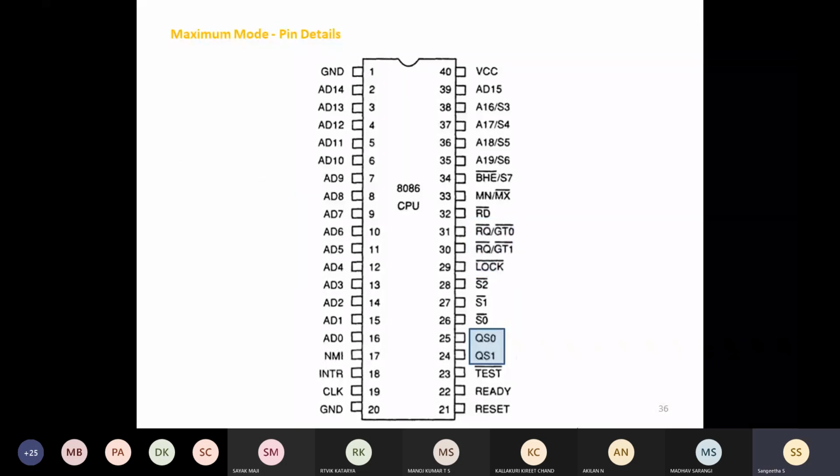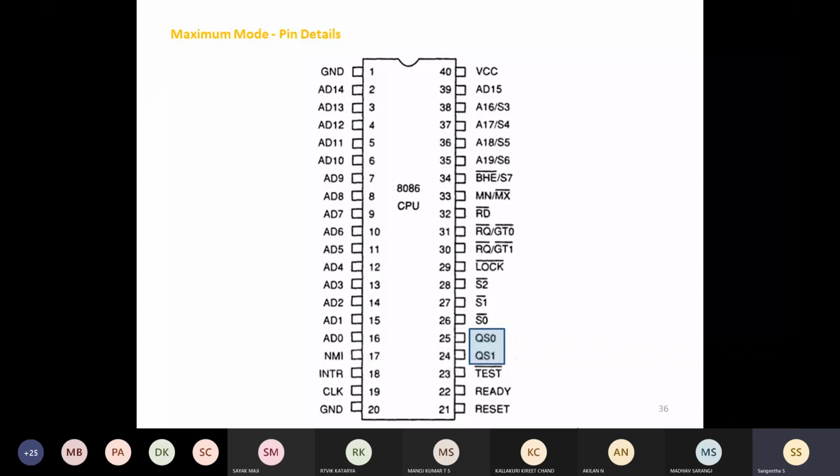And QS0 and QS1, this is very simple. They indicate the status of your queue. Usually in 8086 you have a 6-byte queue, right? This is for fetching, decoding and executing. What method is it following? The pipelining method.